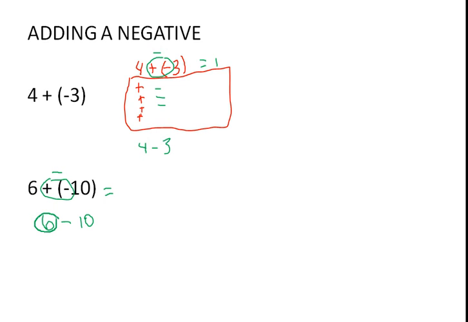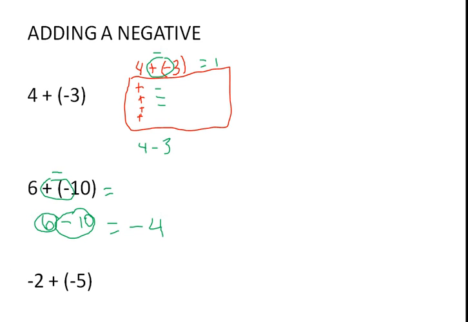We have a positive 6 and we have a negative 10. So they're going in two different directions. So we have a battle of the positives and negatives. There's more negatives, so we know that the answer is going to be negative. And it's 10 minus 6. There's 4 more negatives than there are positives. And so that's how that works. We got rid of the double sign and then treated the problem like we did before.